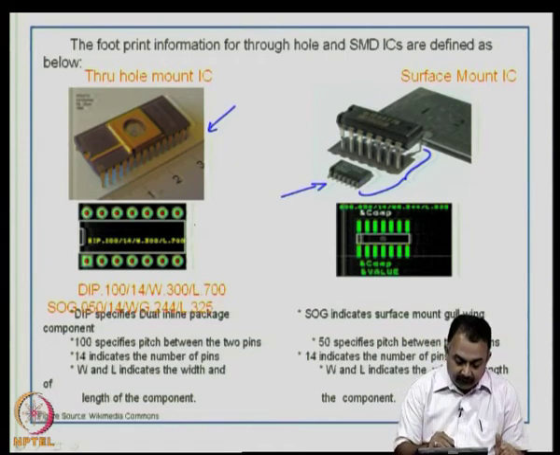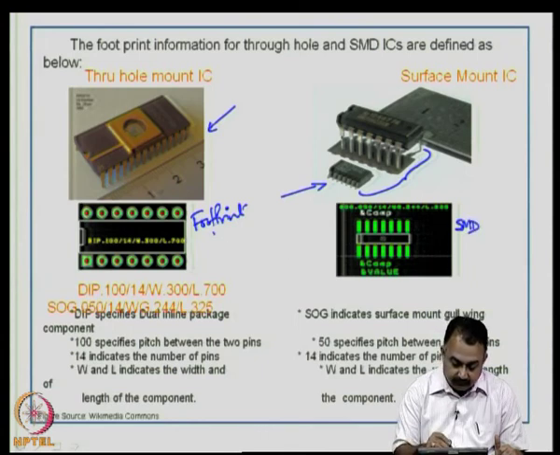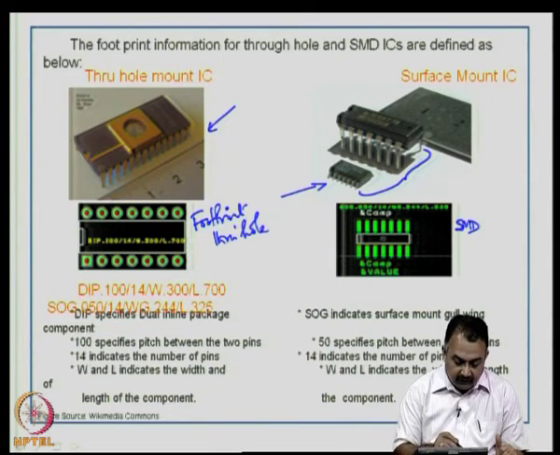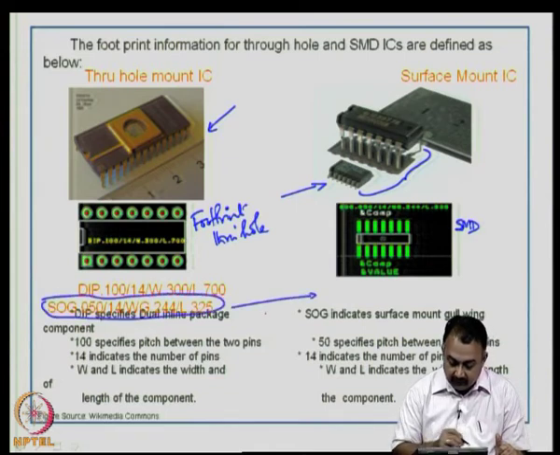This is the footprint for a through hole IC, and this is for a surface mount device. You can see this is a DIP package. The dimensions are given here, a 14 pin package, width is 0.3 inches by 0.7 inches, and this particular information has to come here for SMD.